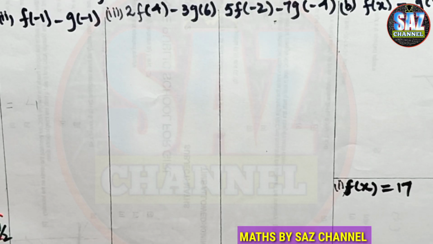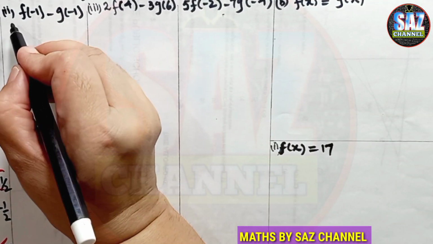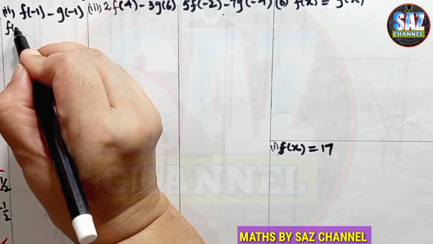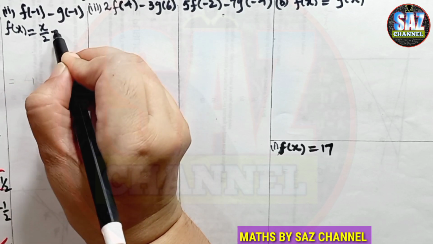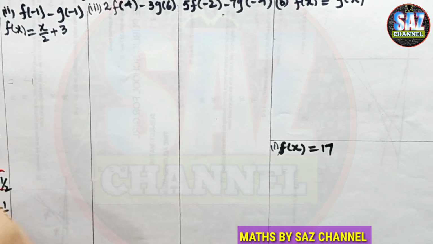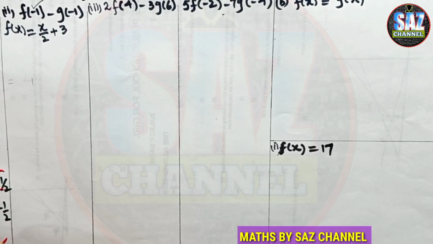Let's move to the next part of the question, and the next part is f of minus 1 minus g of minus 1. So again I have to take the function f of x. F of x equals x by 2 plus 3. Now instead of the variable, I have to replace minus 1.